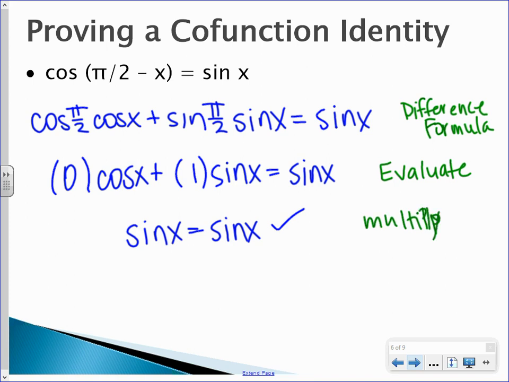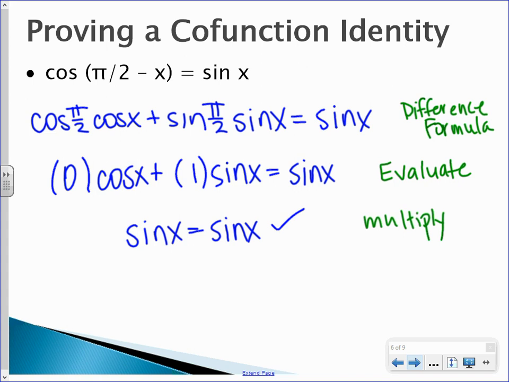Okay, and we multiply. I will tell you that you are going to have an identity to prove on your quiz on Friday. All right, but if you can reference the formulas, it should be very helpful in your proving of your identity.